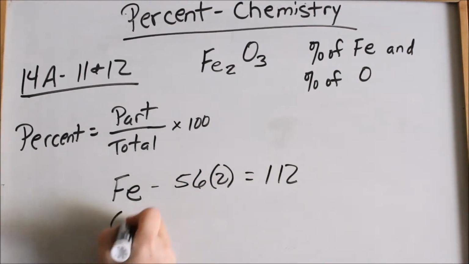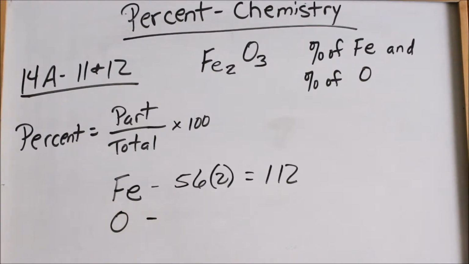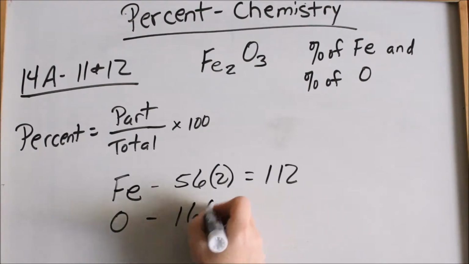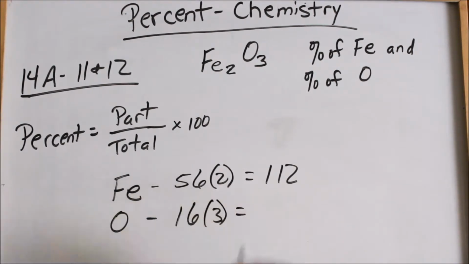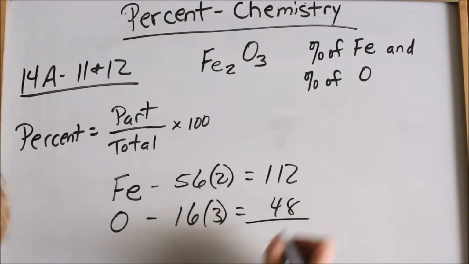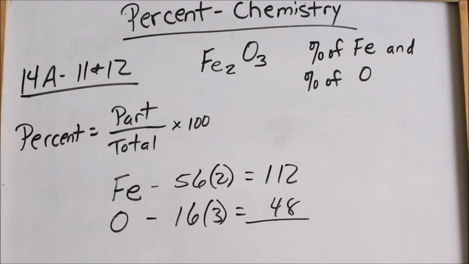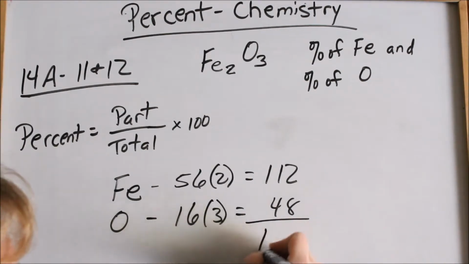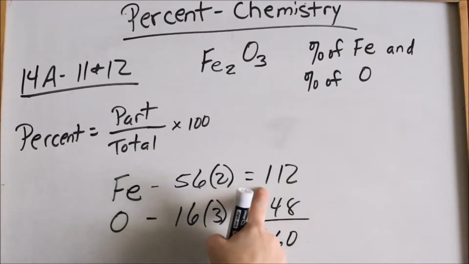Now if I look at oxygen, the atomic weight for 1 oxygen is 16, but I have 3 of them. So I need to multiply that by 3. That would be 48. So my total atomic weight for this compound would be 160. So you need each individual part.